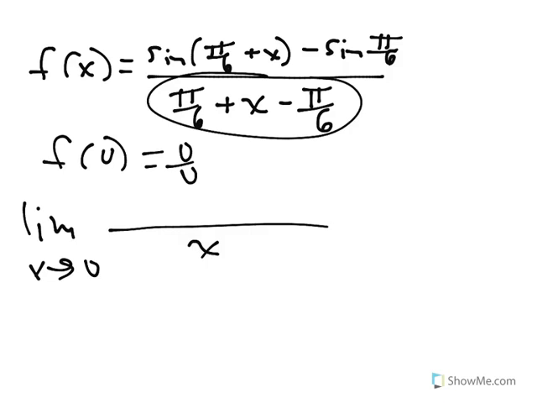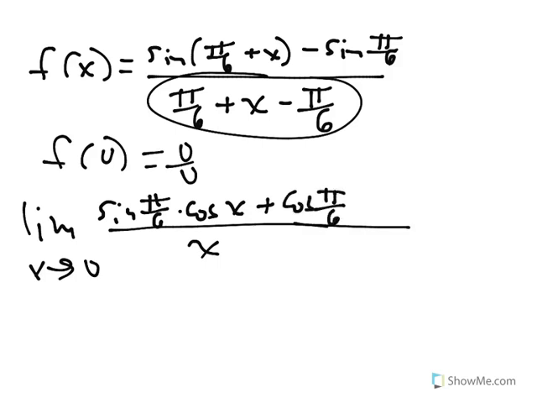But the numerator, the way to do this is to use the sine a plus b formula, which is sine a cosine b plus cosine a sine b. I still have this sine pi over 6 here.